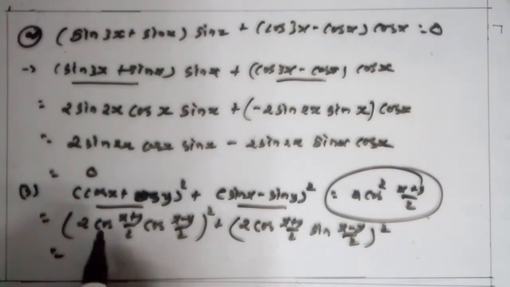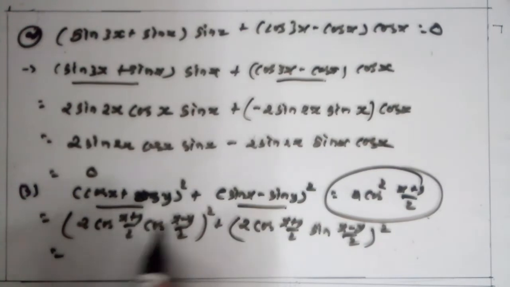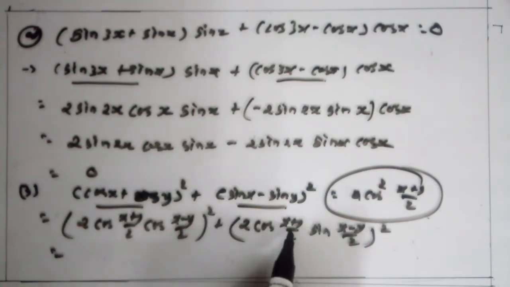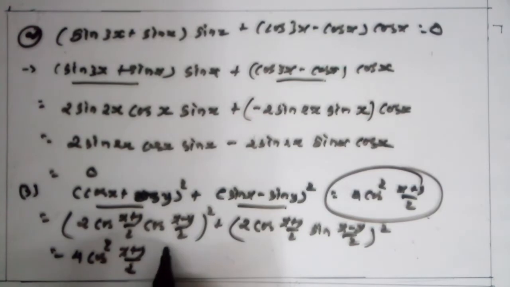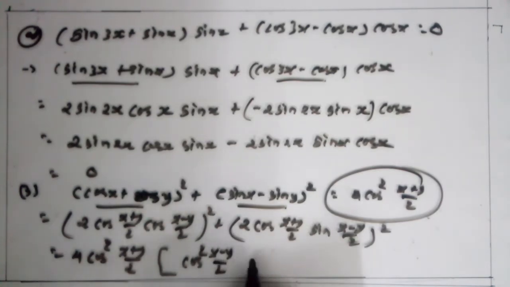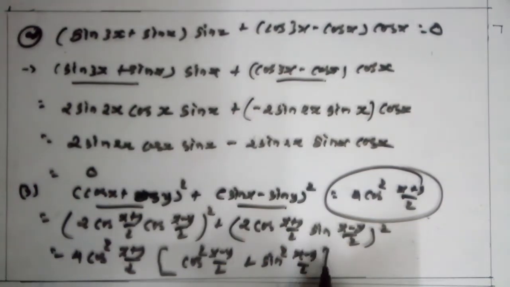So is equal to, now 2 cos ((x plus y) upon 2) with square, take common from both, so 2 square is 4 cos square ((x plus y) upon 2). Clear? Now in a bracket remaining term here, cos square ((x minus y) upon 2) plus here sin square ((x minus y) upon 2). Clear this?